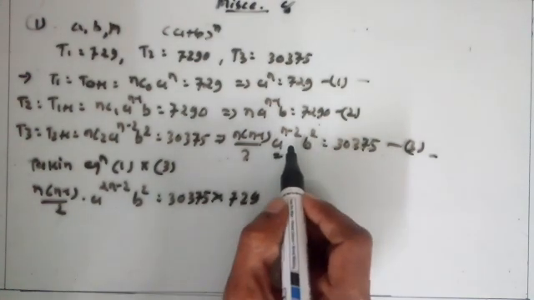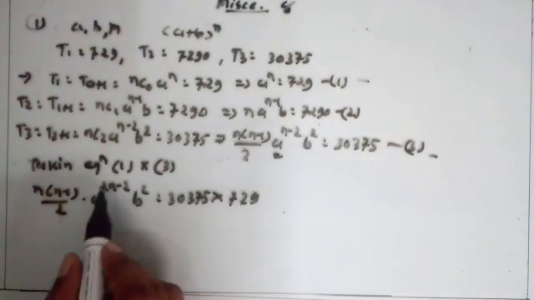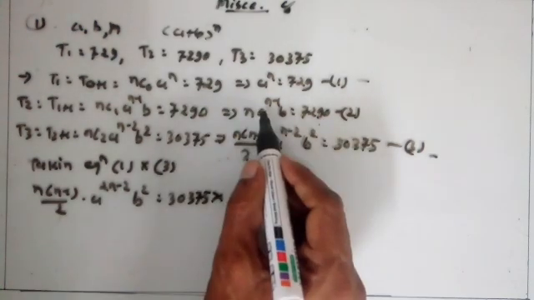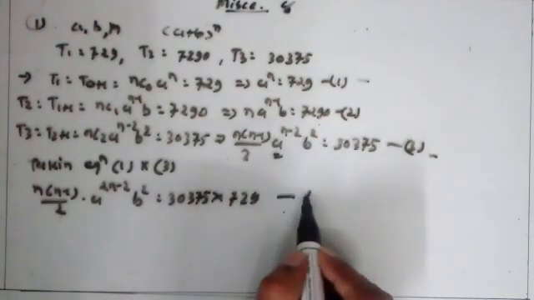Here a raised to n minus 2 into a raised to n becomes a raised to 2n minus 2. Clear? Now take this as result number 4.